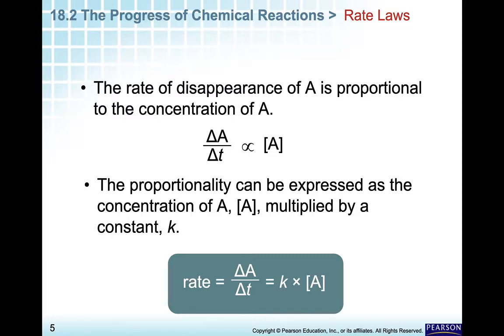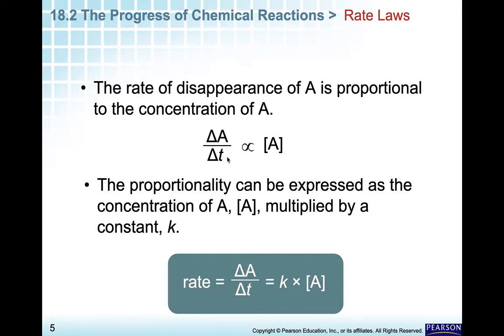If we don't have much A present, our reaction is going to go more slowly. It won't be able to react A as quickly because remember, with a lower concentration, with a lower amount, there are less particles, and so less collisions, a slower rate.